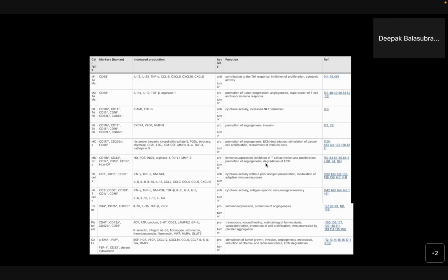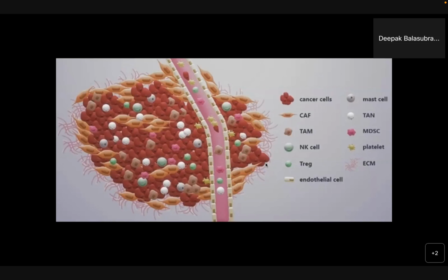So some of them promote angiogenesis and invasion. Some of them promote tumor progression. So CD68 and CD117 and CD11 promote all sorts of tumorigenesis. And CD3 and CD14 have cytotoxic activity. So these are some of the cells that modulate the response of the immune cells to the tumor. And again, this is another picture showing the presence of the tumor milieu or the stromal background of the tumor.